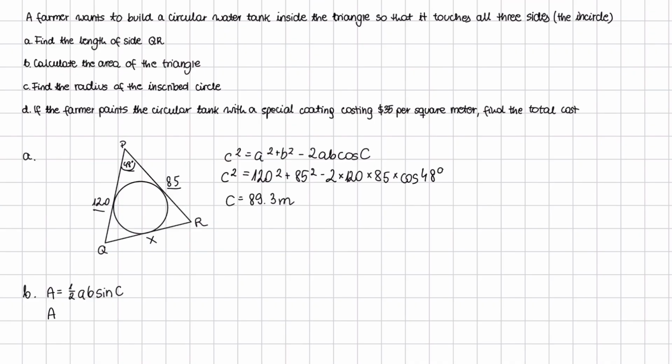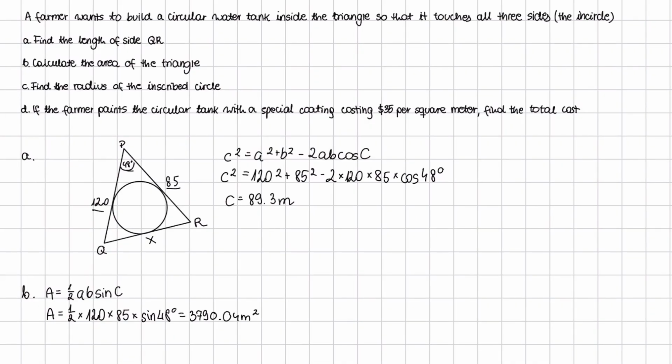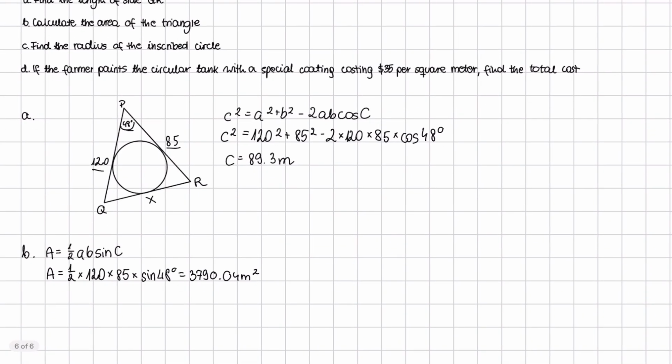So A is 1/2 times 120 times 85 times sine 48, and we have to calculate it. So the area is 3790.004 meters squared.